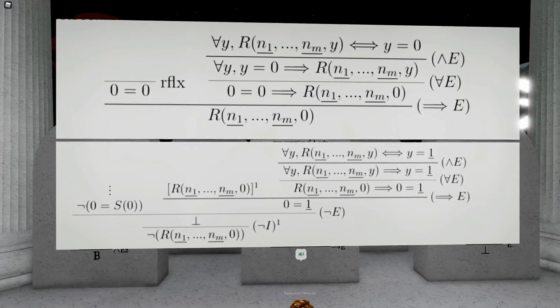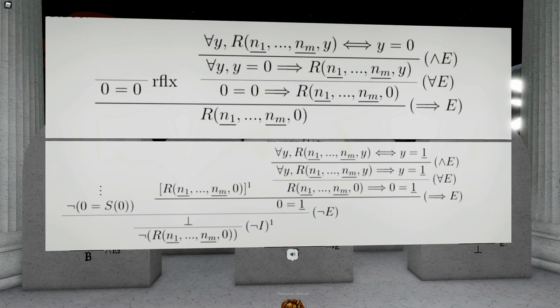So let's pay attention to the screenshot, the photo, whatever, on the top. All that we're doing here is deriving capital R of n1 down to nm of 0. That is what we've defined r hat of n1 down to nm to be.